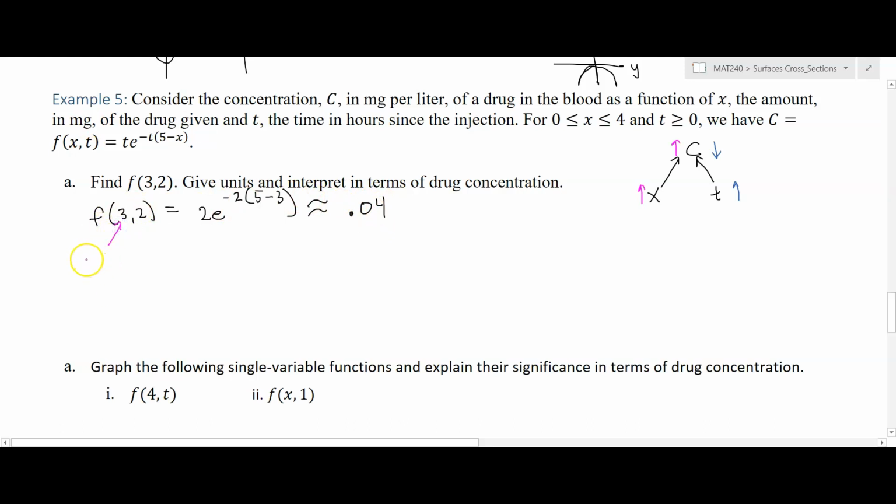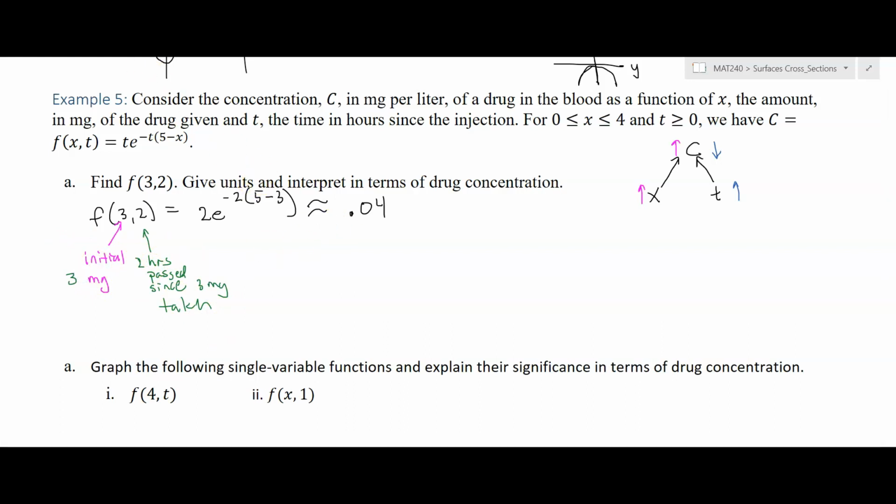x was how many initial milligrams we took. 2, that was how many hours had passed since 3 milligrams taken. So we can say 2 hours passed since 3 milligrams taken.